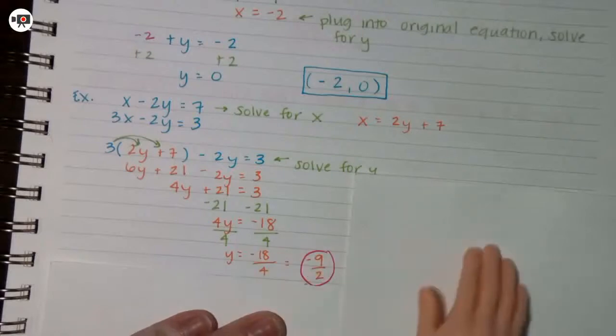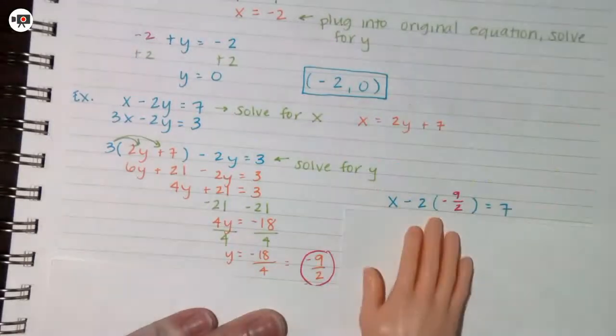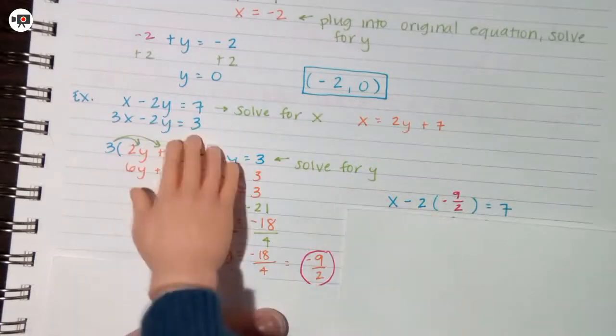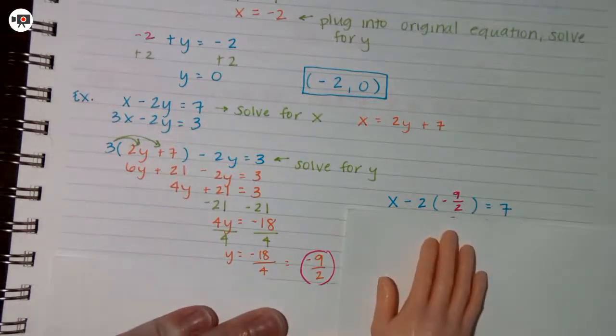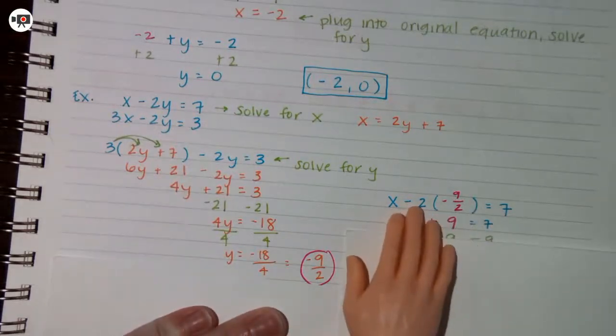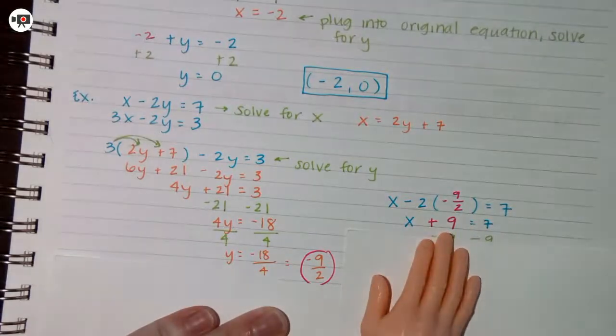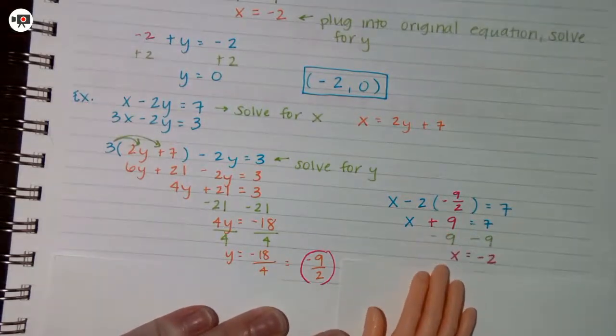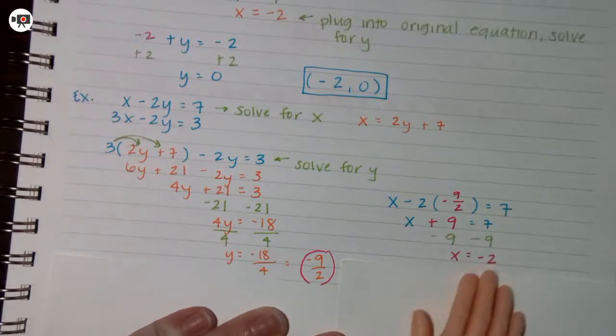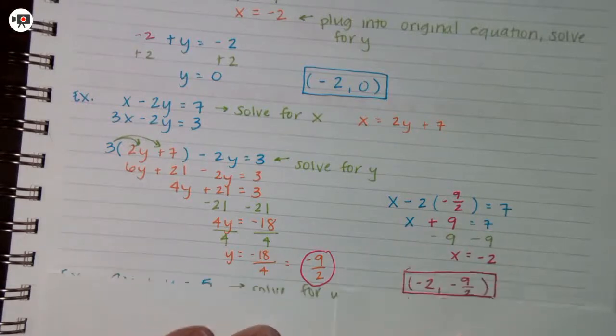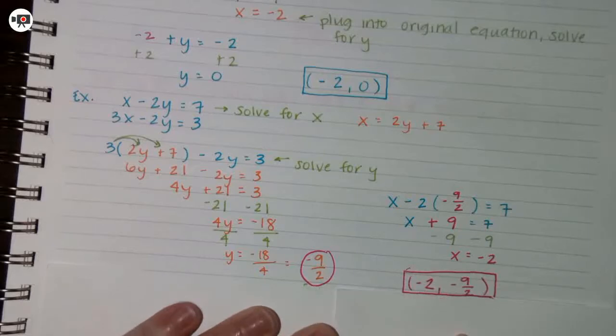Now I take my y value and plug it in for y into one of my originals. So if I have negative 2 times negative 9 over 2, that reduces to positive 9. Solving for x, x equals negative 2. So my point is negative 2, negative 9 over 2.